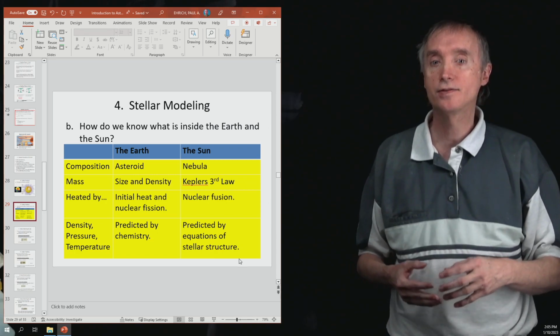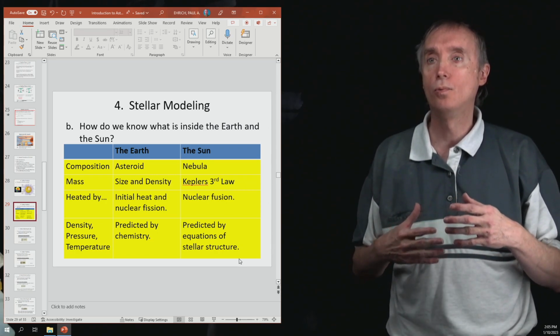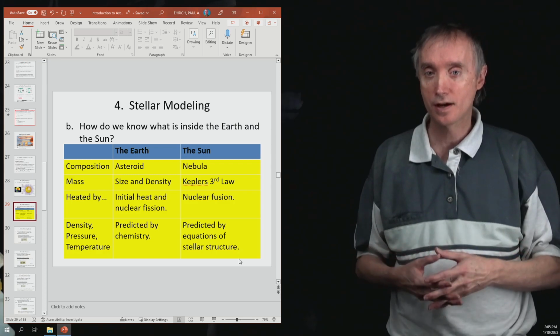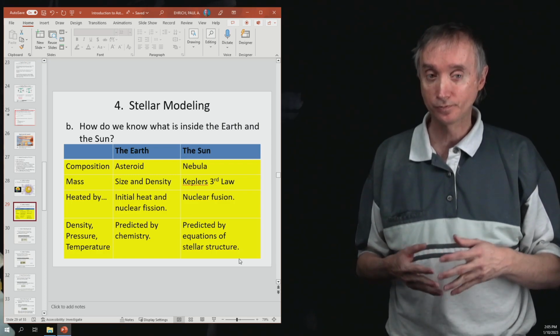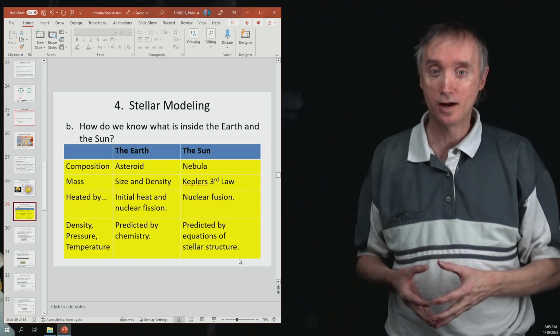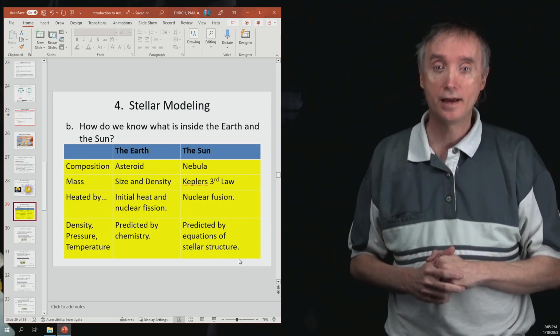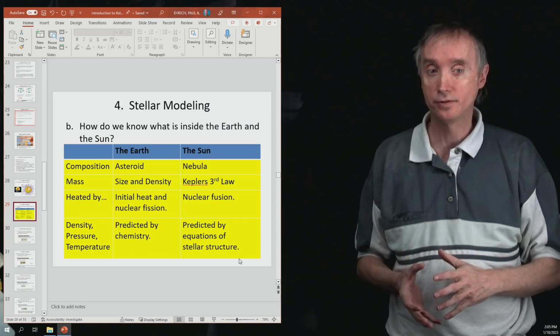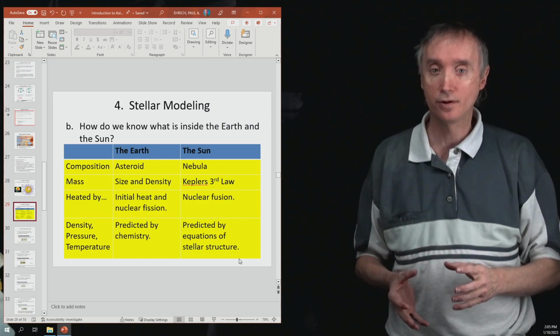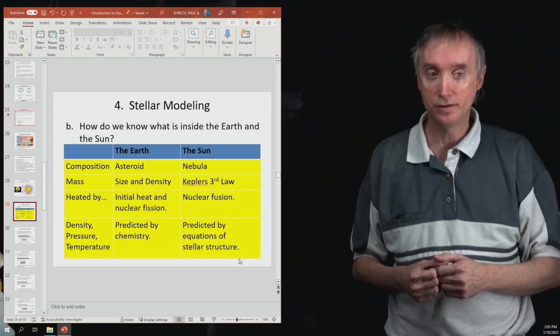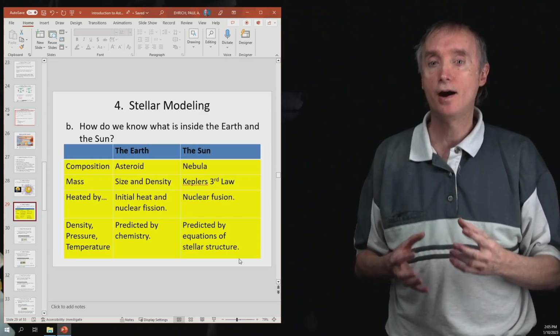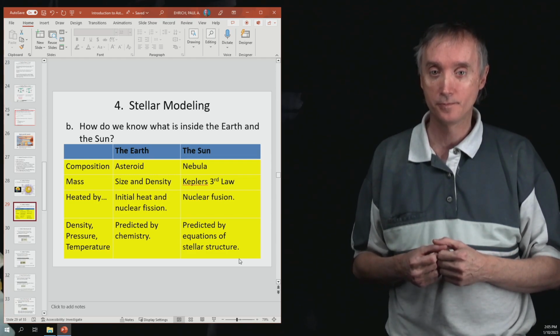Okay, now the next thing is, how do we know what is heating the inside of the Earth? So we assume that the Earth was initially hot from the impacts of its formation, and also there is nuclear fission going on inside the Earth that again generates more heat. So we have an idea for how hot the inside of the Earth is.